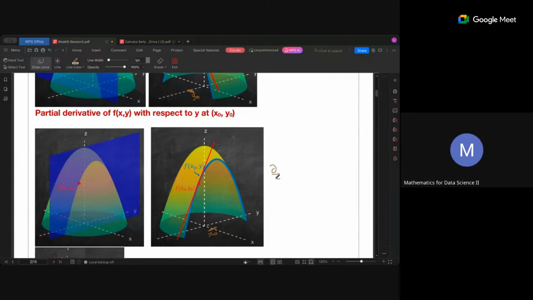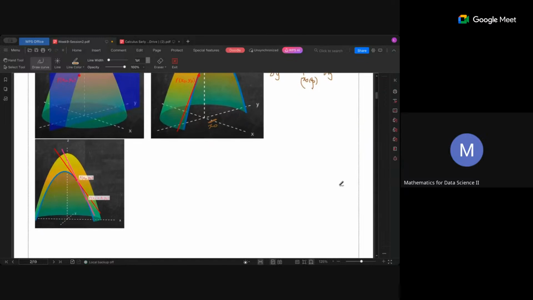So what is dou by dou y of f of x comma y? You are fixing x and varying y, right? So now it is d by dy of f of x naught comma y. So this is the derivative with respect to y, fixing this x variable as x naught. Okay, so you understand what is going on here?